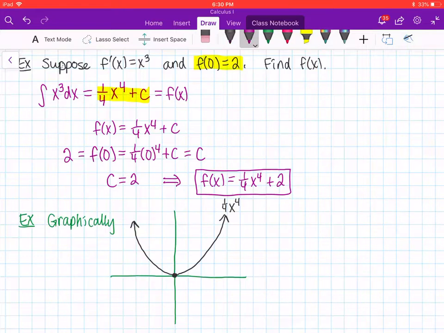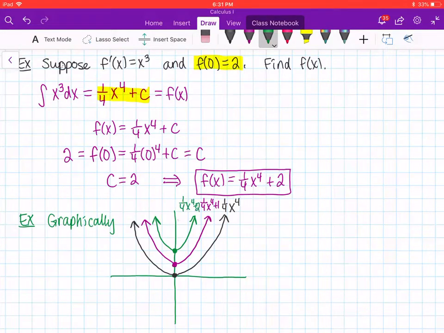So what if the c was 1? Then it would be shifted up 1 and still have the same shape. What I drew there in purple is 1/4 x to the 4th plus 1. And then instead of adding 1, we could add 2, and it would still have the same shape. That's 1/4 x to the 4th plus 2. And then we could even go in the opposite direction, down 1.